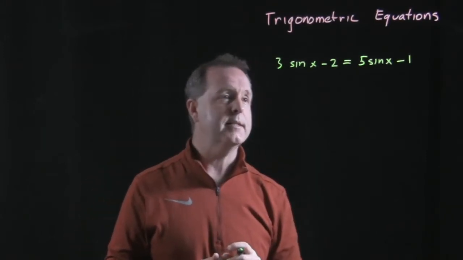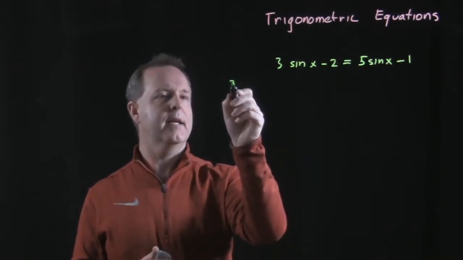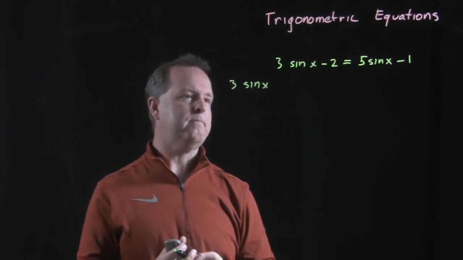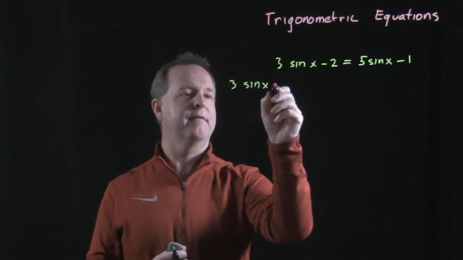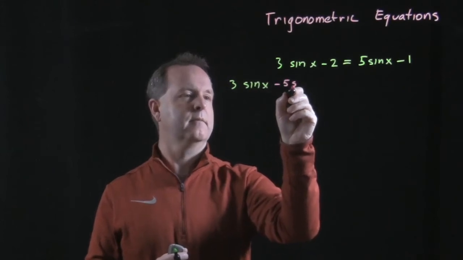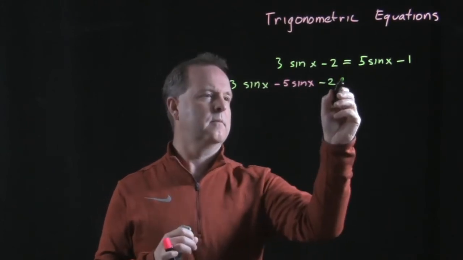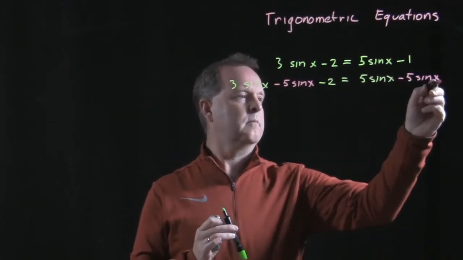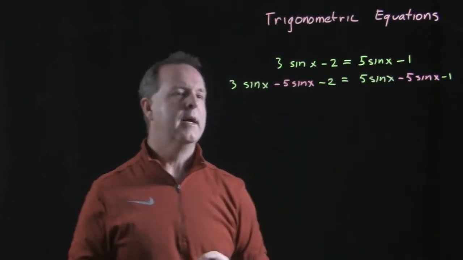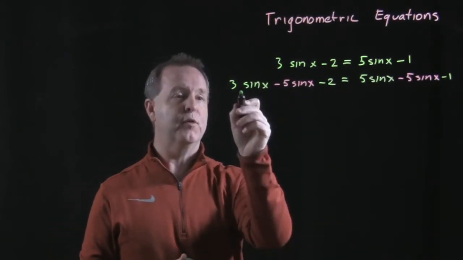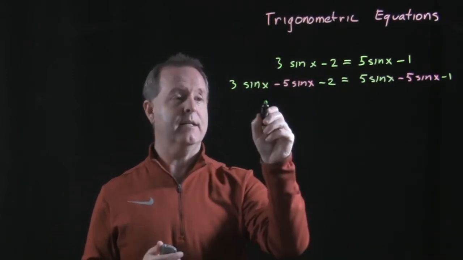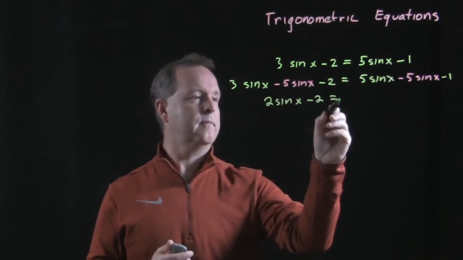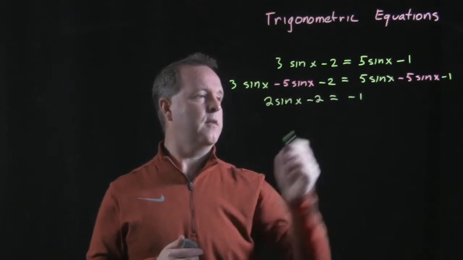We can do it a couple of different ways. Let's just go ahead and take 3 times the sine of x, and I'm going to subtract 5 sine x from both sides. Collect like terms: 3 sine x's minus 5 sine x's leaves me with negative 2 sine x's, and a negative 1 on the right side.